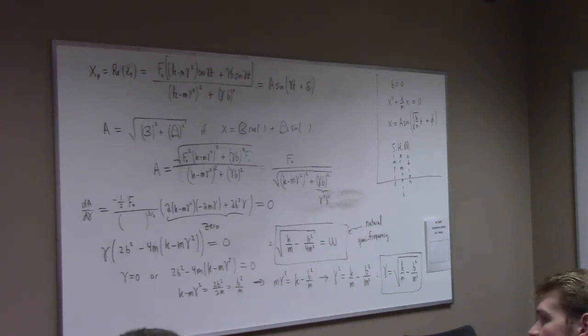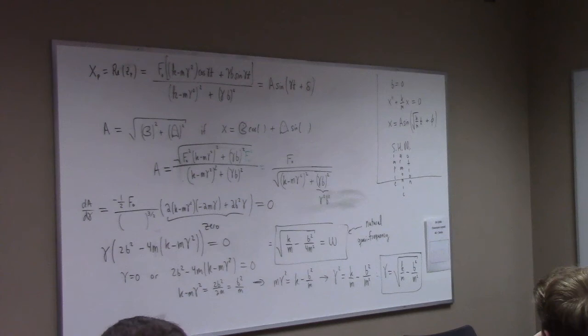If the square root of the thing we just took is negative, then that's not a positive frequency, right? So in the case that the square root of k over m minus b squared over m squared is an imaginary number, then apparently gamma equals 0 is the maximizing frequency. But that's the solution to resonance in the case that there's friction, right?